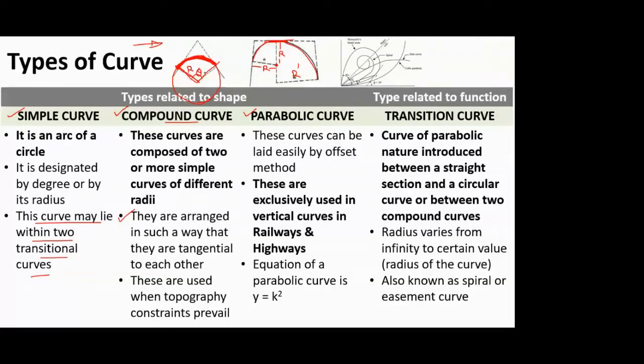If you drastically change the radius at a certain stretch or certain point, that will lead to disaster in your railway track. It might derail or it might overturn. So to have a smooth transition between the two radii, you provide them tangential to each other, and these are used when topography constraints prevail.